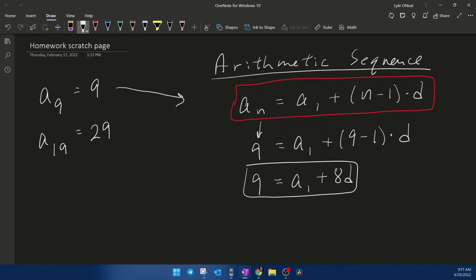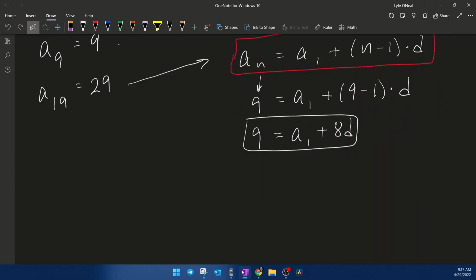And now we're going to do the exact same thing with the 19th term. So we're going to have a sub 19 equals, again, a sub 1, I don't know, plus n, in this case, is 19, minus 1 times d. And again, if I simplify, I do know the 19th term is 29.